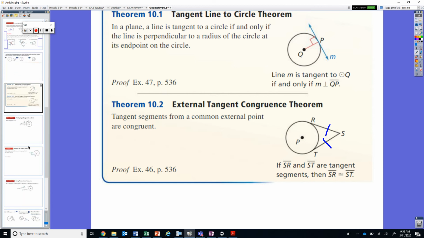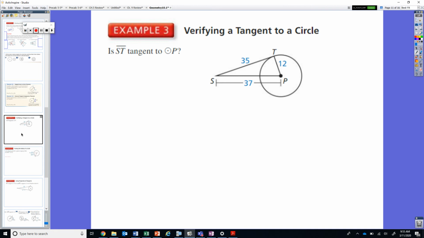So let's take a look at an example of how this comes into play. It says, is ST tangent to circle P? So it's just asking you, can you confirm? Remember, we can't assume, we want to confirm. So the question is, what is going to confirm that ST is a tangent? Well, remember what we just talked about. The only way that a line will be tangent to a circle is if it is perpendicular to its radius.